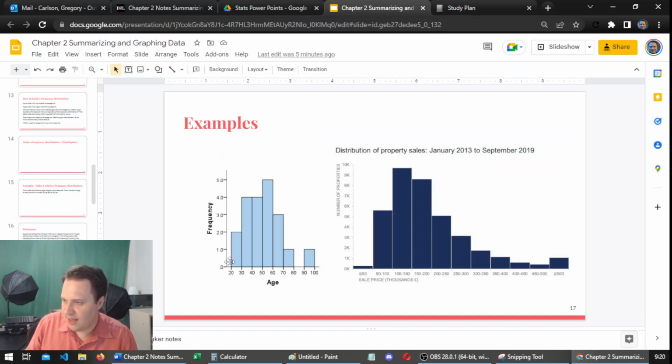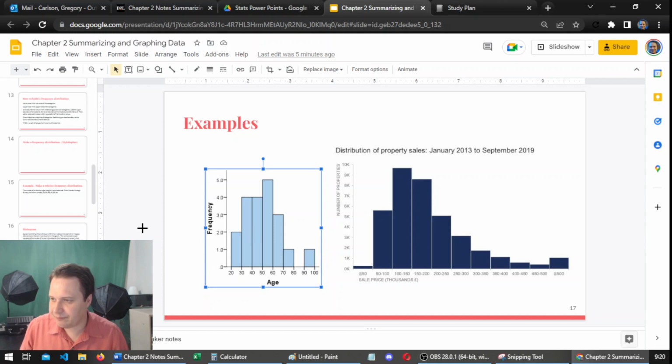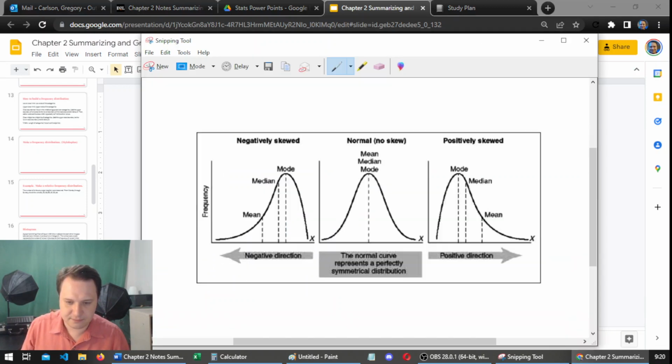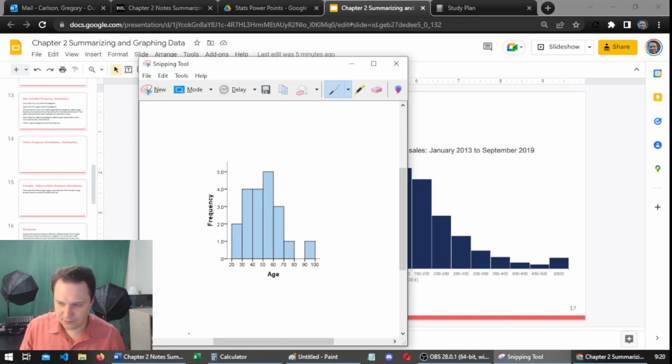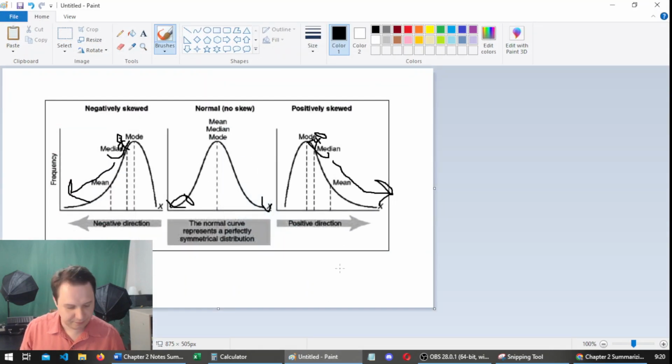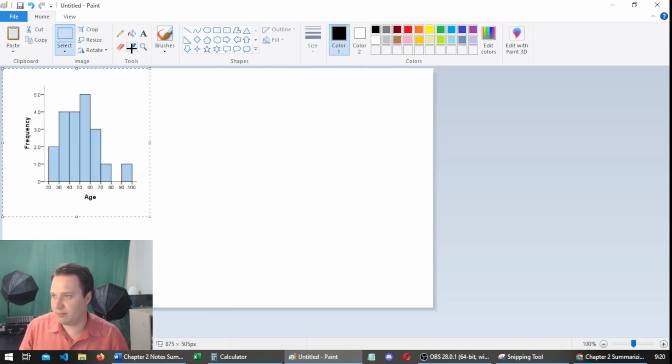Same exact thing, except instead of having the bars, like this, what you do instead is you just draw your line like that, and the line should hit the middle of the bars. That's the correct way to do it.